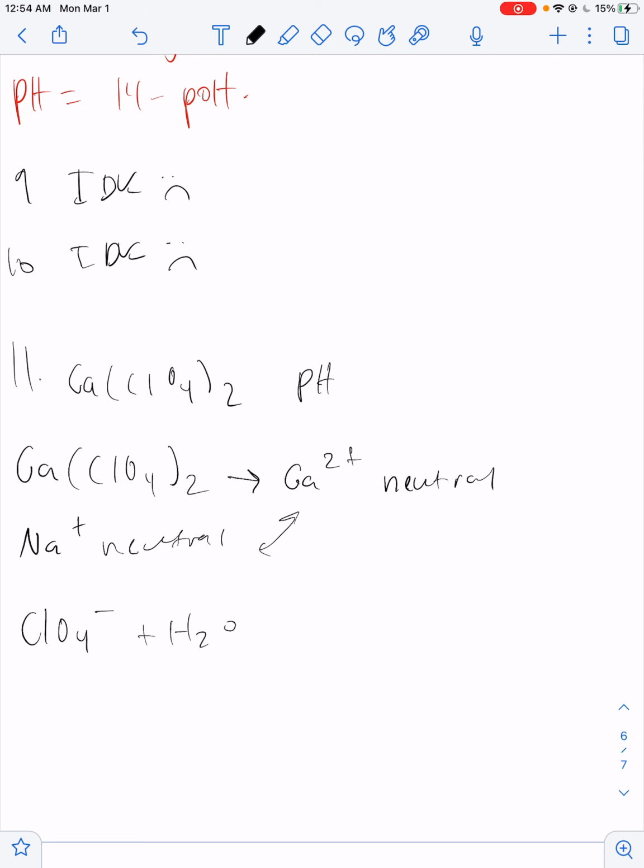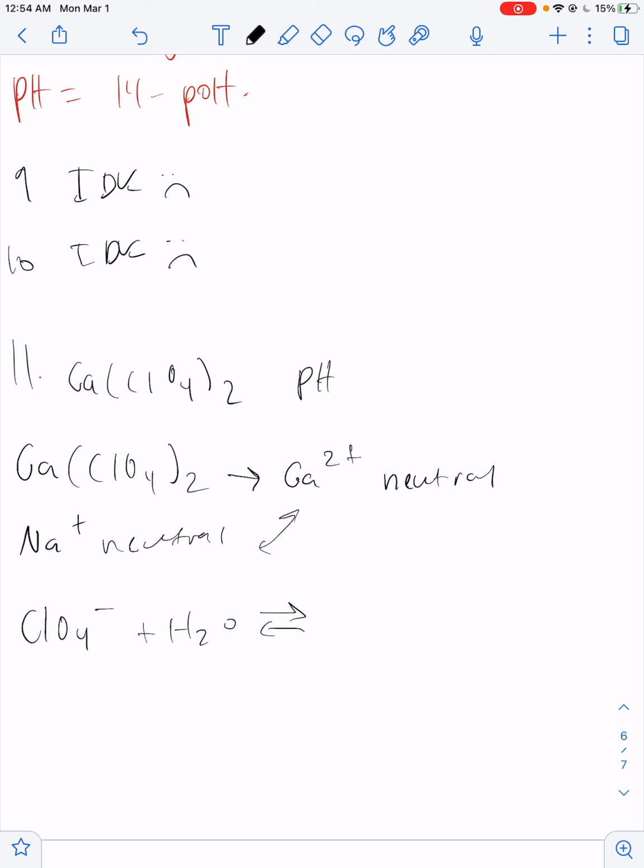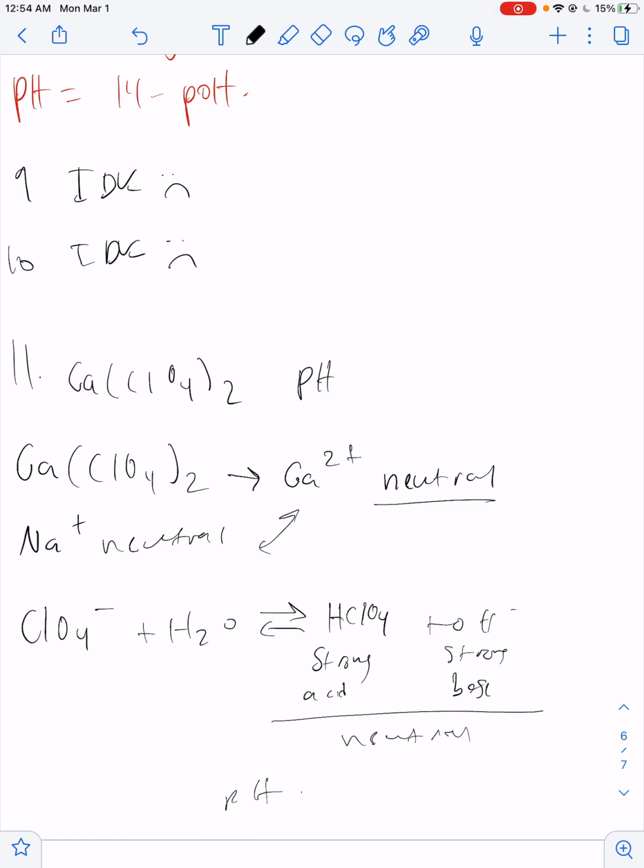And that's going to give HClO4, which is a strong acid. And then it's also going to give OH-, which is a strong base. And since this is just neutral, and then this is a strong acid, strong base, it's also neutral. So yeah, pH is 7.00.